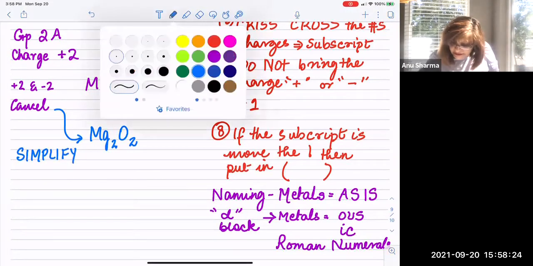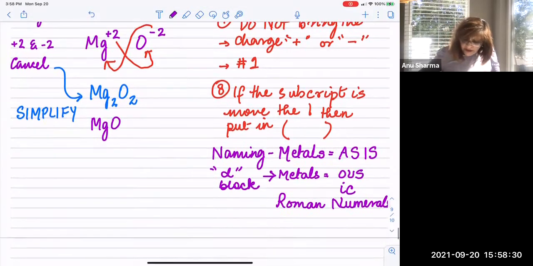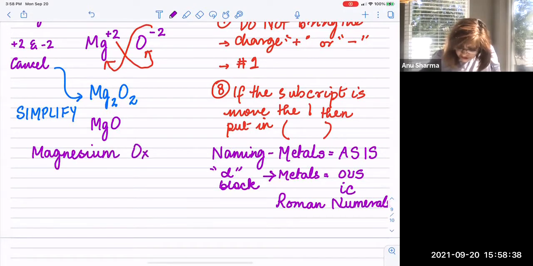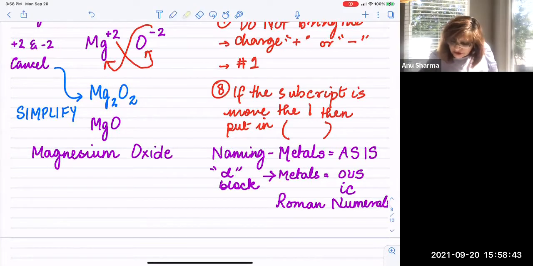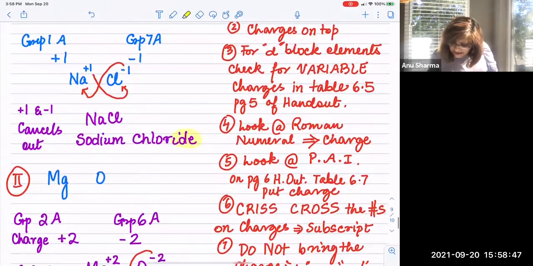So this becomes MgO. And the name, because it's just the metal magnesium, doesn't change. This is magnesium, and the oxygen by itself becomes oxide. So this is -ide, and this is also -ide, like chloride.